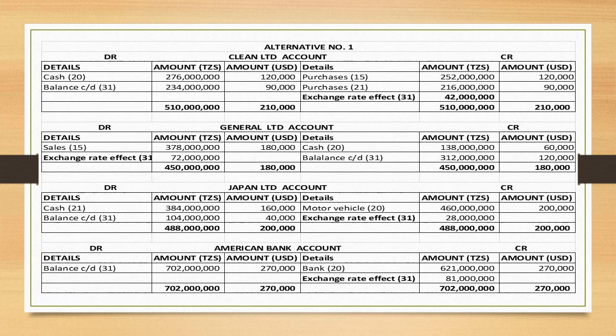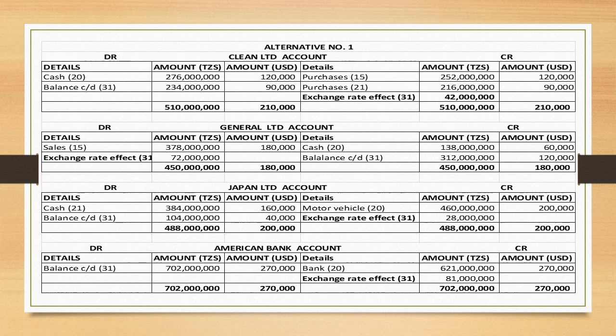So again, we make a payment on 20. Remember that on 20, we are transacting with Tanzania shillings. So equivalently, we make a payment of 120,000 US dollars on the same date.